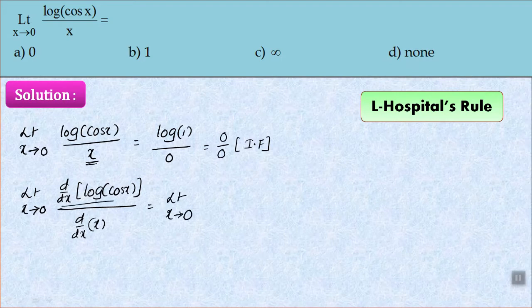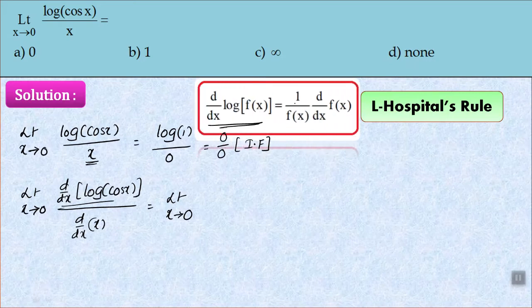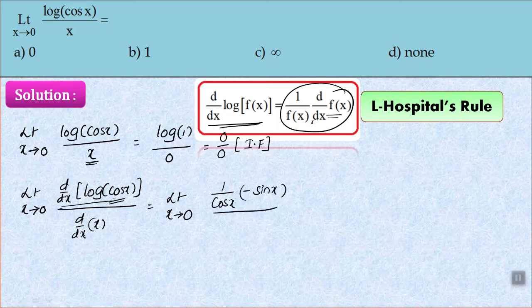Here d by dx of log of f(x), we know, is equal to 1 by f(x) into d by dx of f(x). Here f(x) is cos x, so 1 by cos x into d by dx of cos x, which is minus sin x, divided by d by dx of x, which is 1, equals minus of limit x tends to 0 of sin x into cos x.